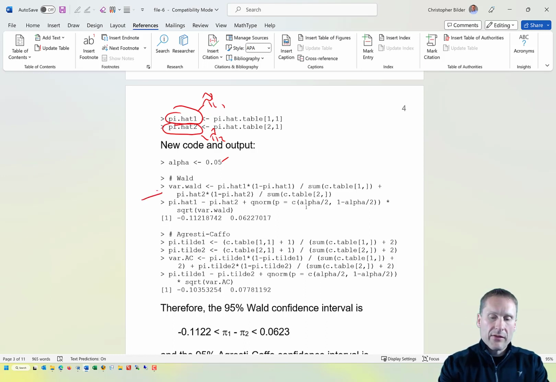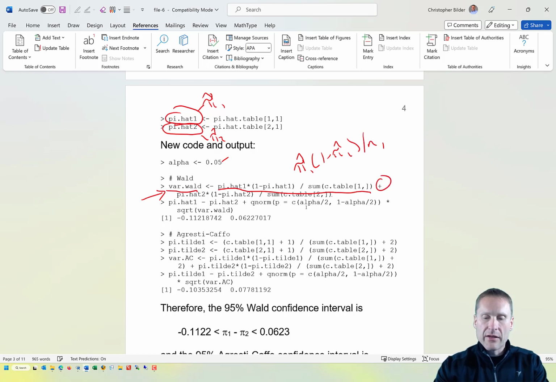Then, similar to what we've done before, we form an object called var.wald, which contains my pi hat 1 times 1 minus pi hat 1 divided by n1 plus, and I do the same thing for pi hat 2 times 1 minus pi hat 2 divided by n sub 2.